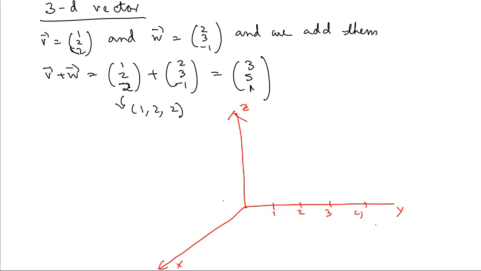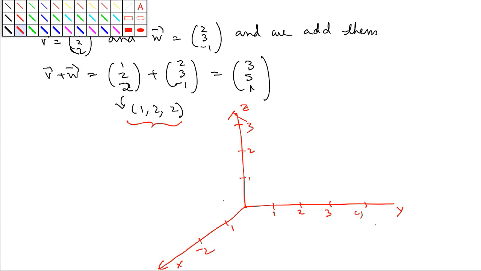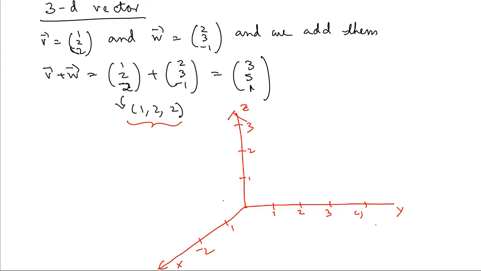So we have here 1 and 2, 1, 1, 2, 3. Now how do you represent this vector here? So we'll use different color. So this is 1. So you walk along x-axis 1 unit. Then you go along 2 along the y-axis.